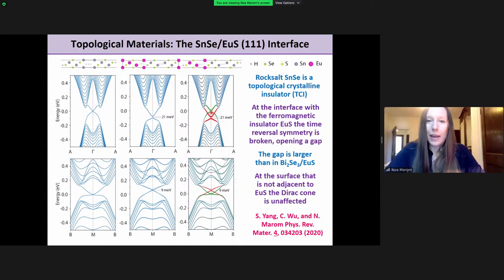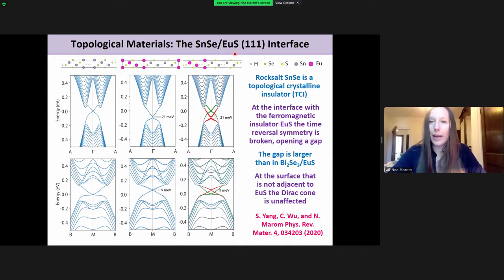And the green one here is the one that's on the top surface. And you can see that it's not shifted and there's no gap in it. Whereas the one that's here in contact with the europium sulfide at the interface is shifted from the Fermi level and has a gap. So that tells you that this effect of the interface is very localized. You only get it at the interface, and then the top surface is not affected.